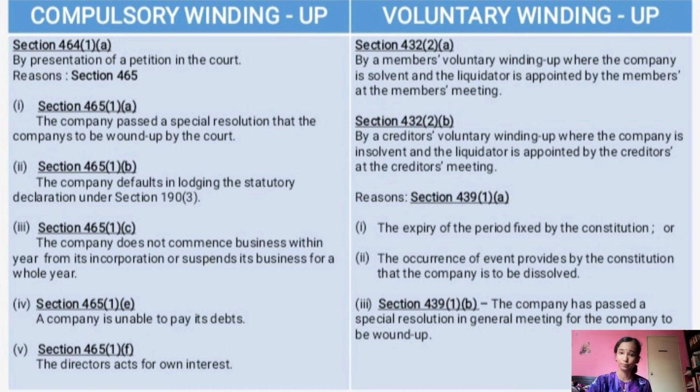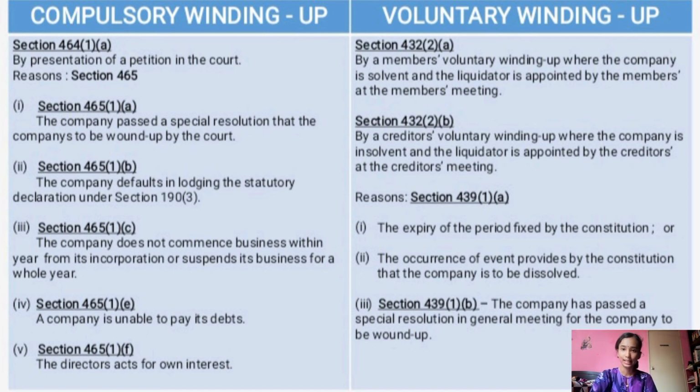which is a compulsory winding up. The next reason, according to section 465 subsection 1e, is that a company shall be wound up by the court if the company is unable to pay its debts.